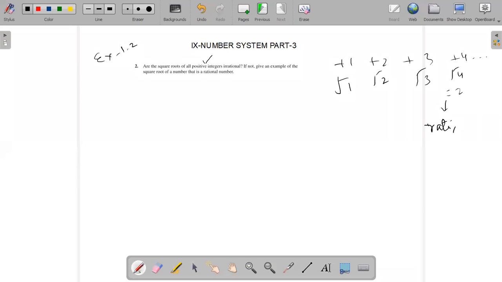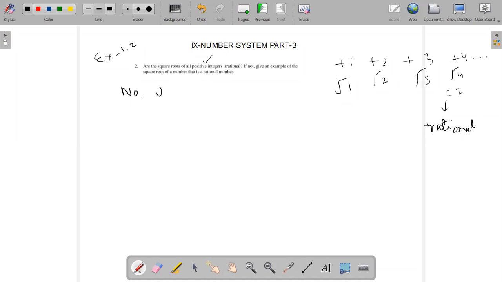So we can write no. The square roots of all positive integers are not irrational only.